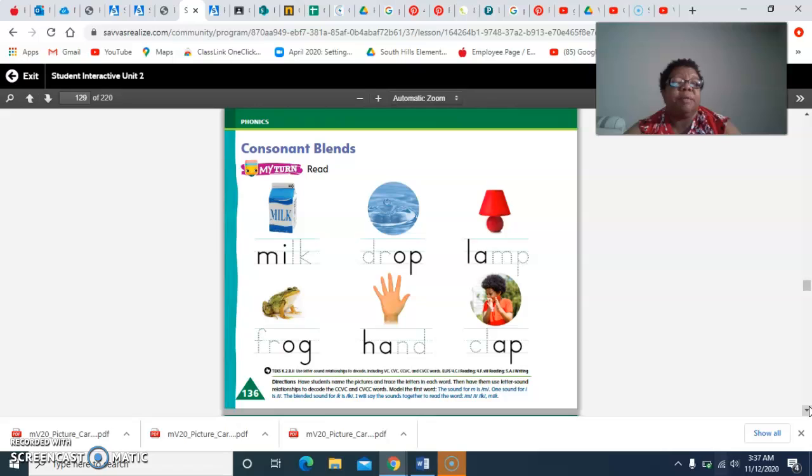Here are some more blends to practice: milk, drop, lamp, clap, hand, frog. So pay attention to the ending sound and the beginning sound, and notice that they have two letters that make one sound.